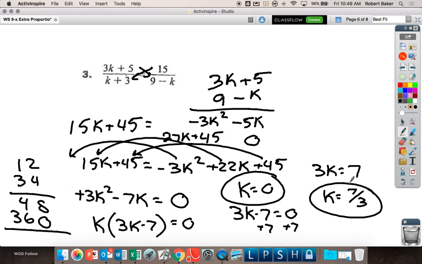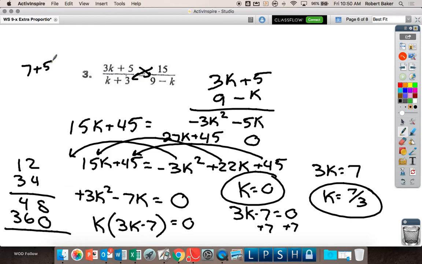I hate when x equals 0. That is the easiest one. Does 5/3 equal 15/9? Yes. That was easy. But plugging in 7/3 might be a little more complicated. 3 times 7/3 is 7.